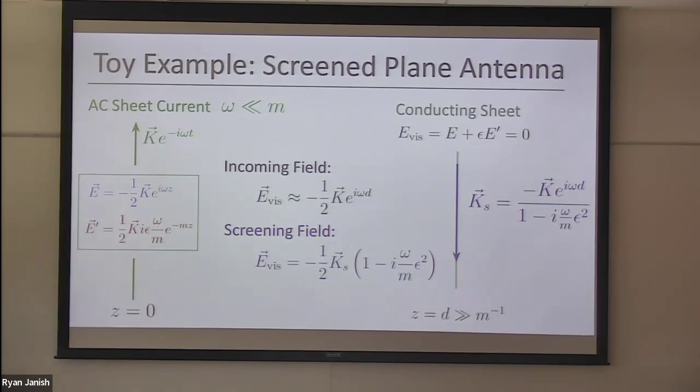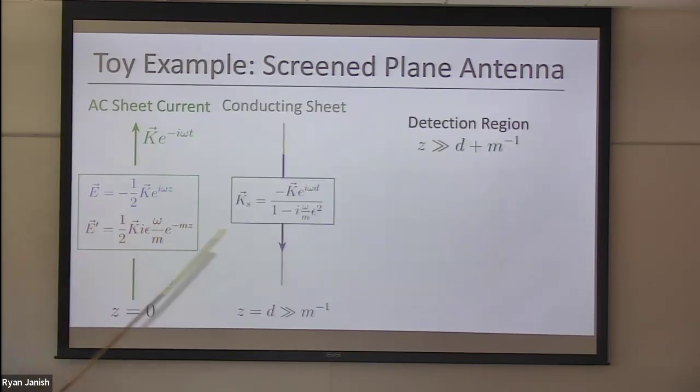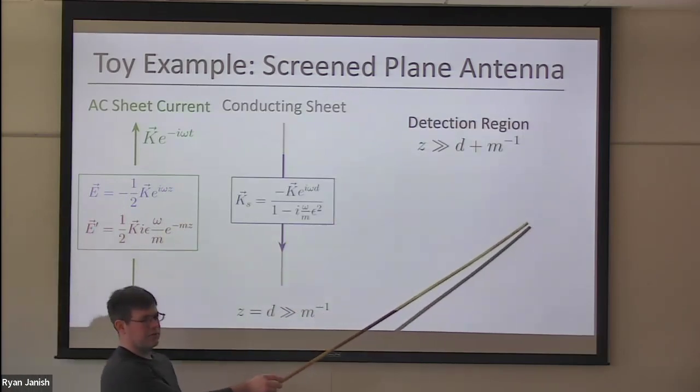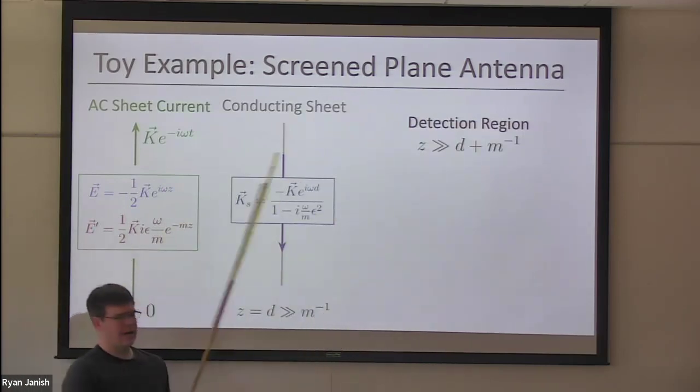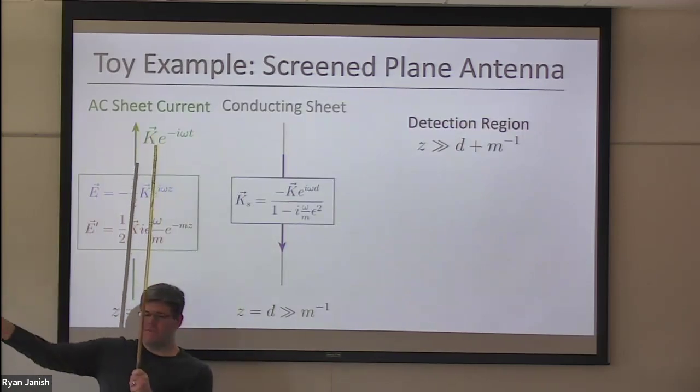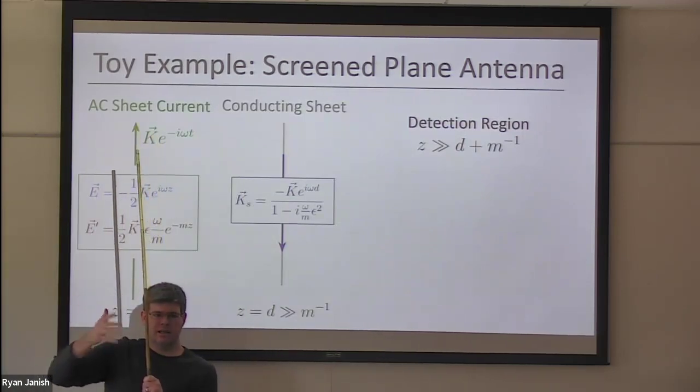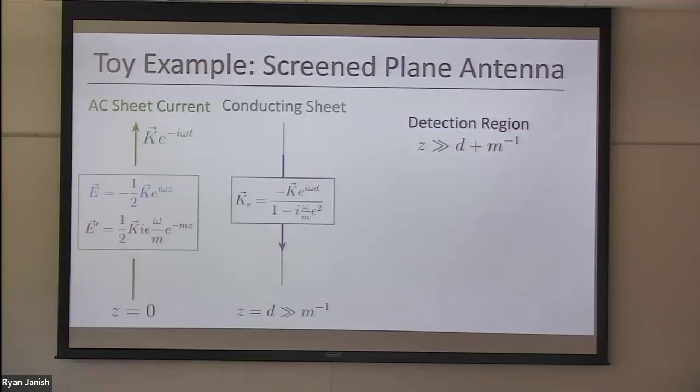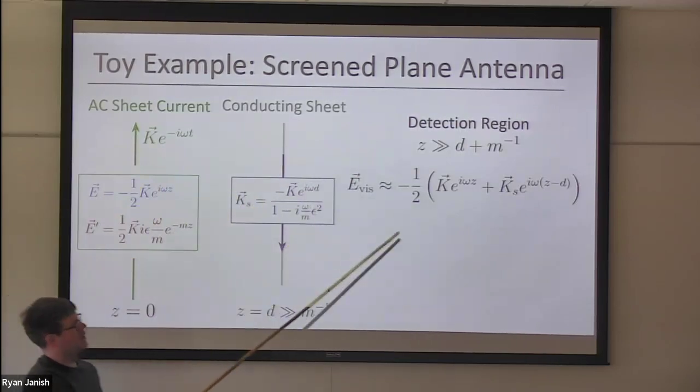And that means if you now step far away over here and ask what fields you observe, if I'm sufficiently far away, I'm not going to get any of the massive components reaching me. The visible field that I see far away is just the plane wave component from here and the plane wave from here.